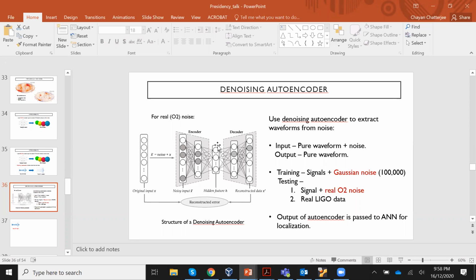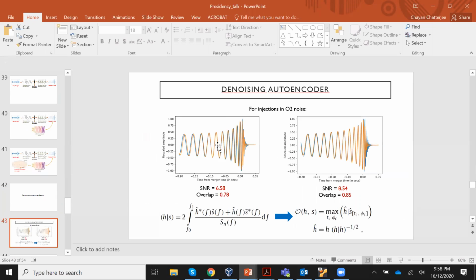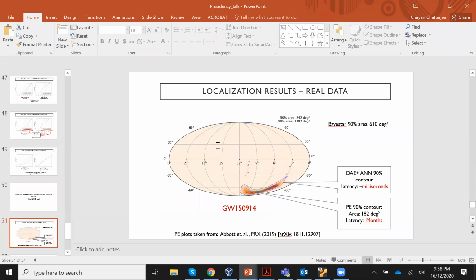Yeah, true. If I go back to my plots, this contour that LIGO has obtained is from Bayesian inference. My probabilities are machine learning probabilities, and I'm interpreting that as a probability distribution and getting the contours. But in the long run, the idea would be to use a Bayesian neural network to estimate posterior samples.